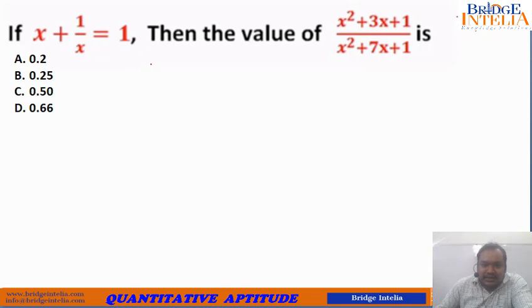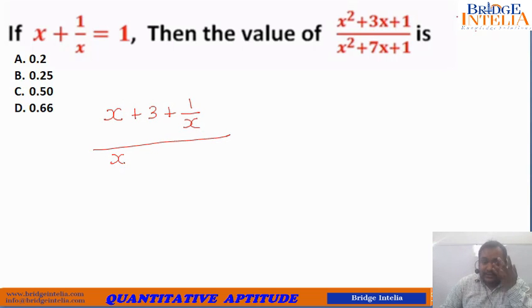the given expression, if you divide both numerator and denominator by x, then what do you get? You get (x + 3 + 1/x) divided by (x + 7 + 1/x). This is what you are being asked to calculate.